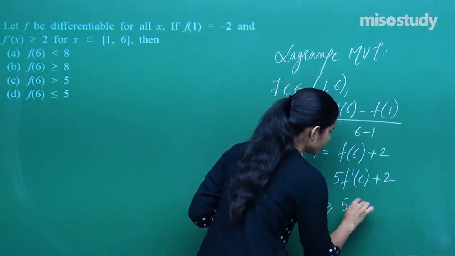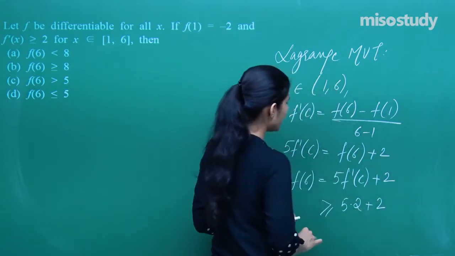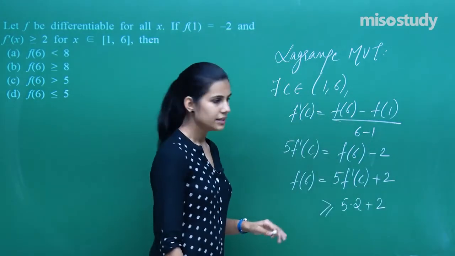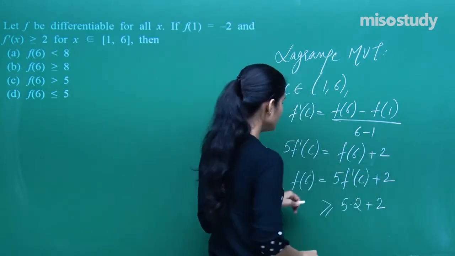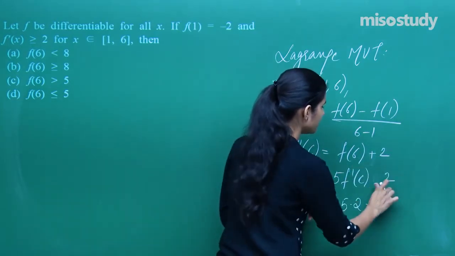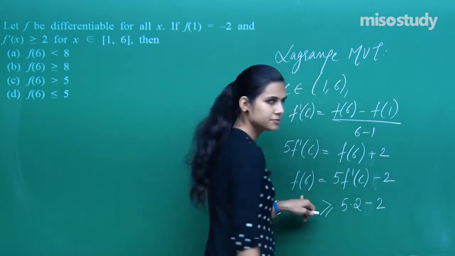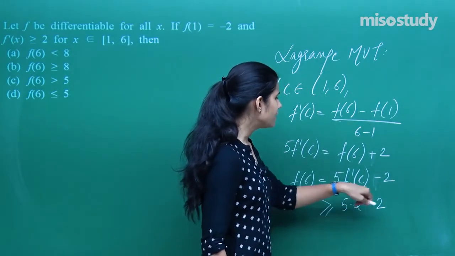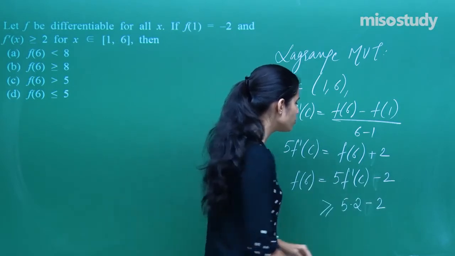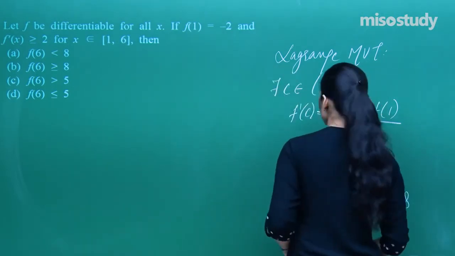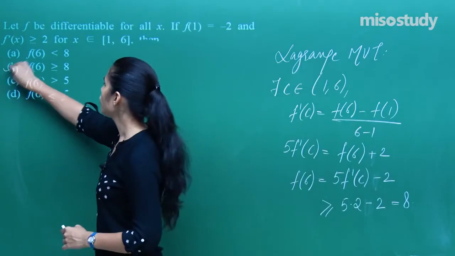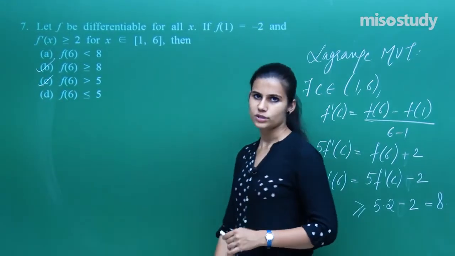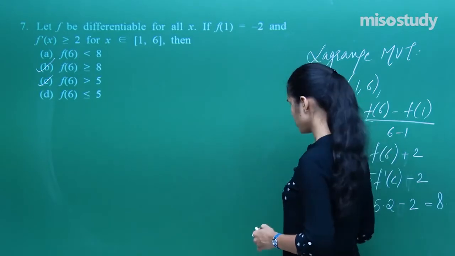So 5f'(c) plus 2 is greater than or equal to 5 into 2 plus 2, which is 12. So I am getting that f(6) is greater than or equal to 12. Obviously, if something is greater than or equal to 12, it is greater than 5, so C automatically comes out to be true also.